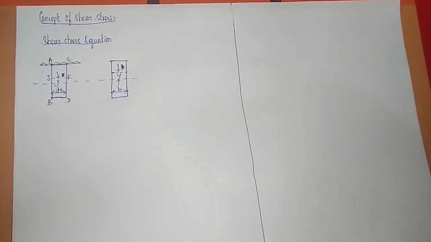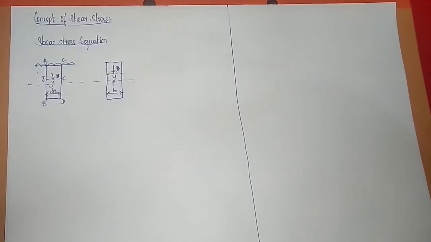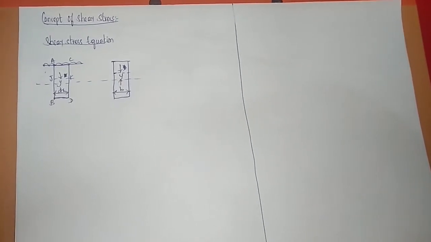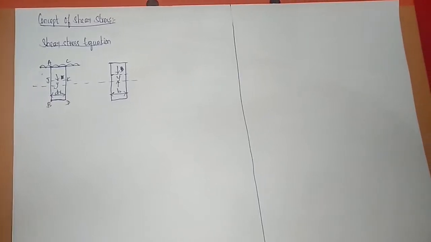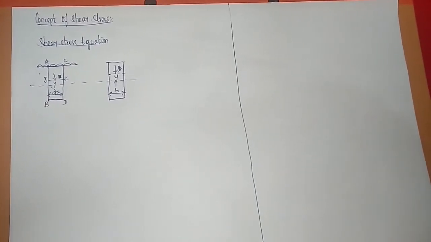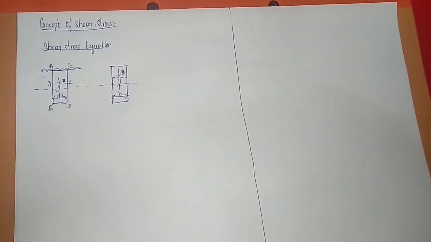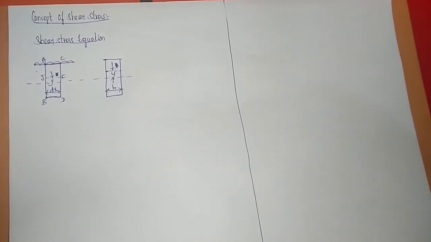For example, we take a beam. If the beam is loaded, there will be two forces, one bending moment and another shear stress. As I already taught you in unit number 3, the bending moment acts on the center part, the middle portion of the beam.